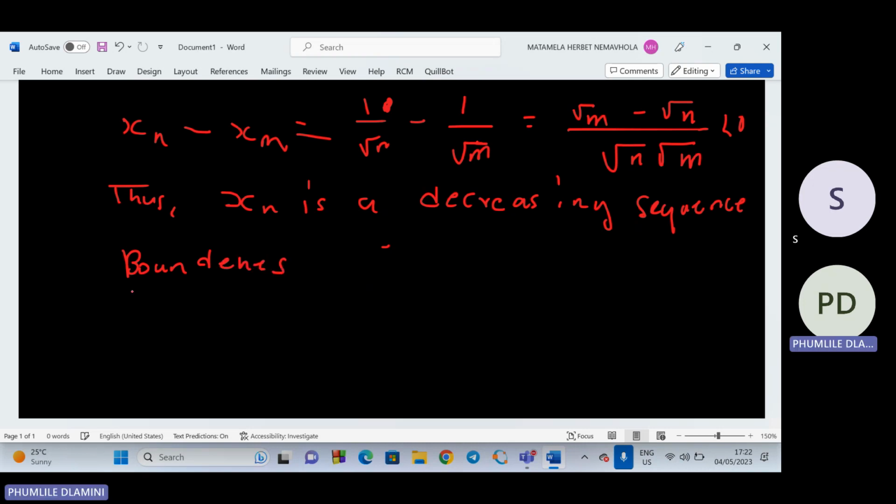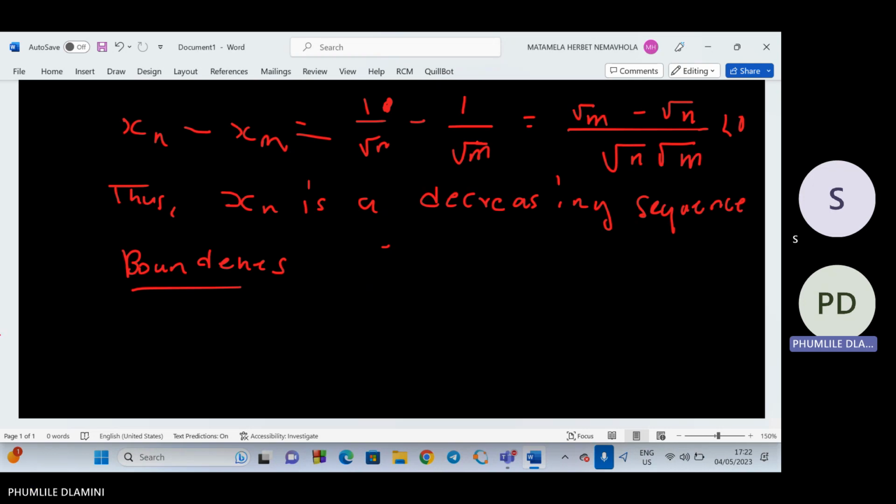So checking the boundedness, we are going to check if it's bounded above or bounded below.